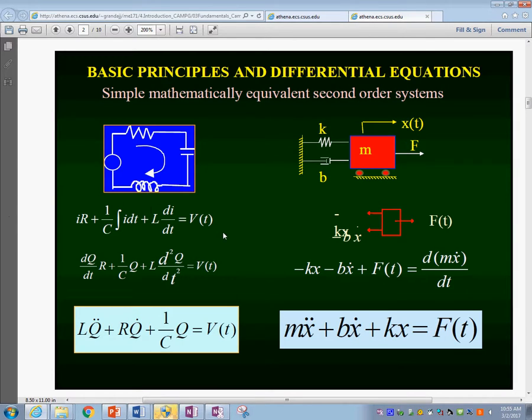Compared to the electrical system, the form of the derivation of the equation is different. In one case, we use Kirchhoff's laws, and in the other, we use Newton's laws. Nevertheless, both systems produce differential equations of second order.